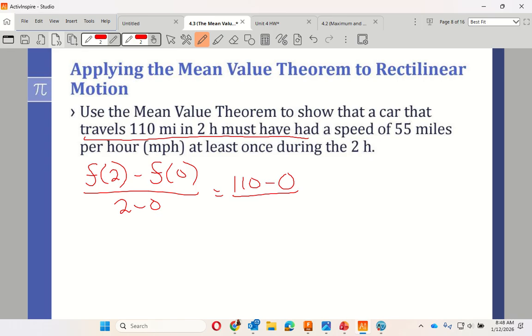Over 2. This is my secant line. So my slope is 55. So at least it goes there at least one time in between.